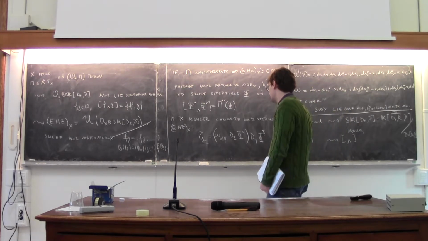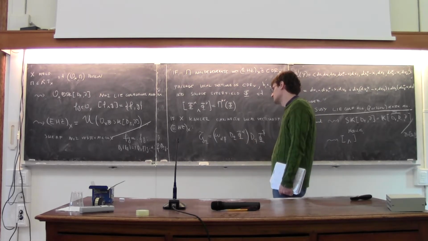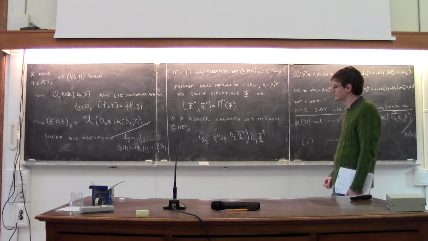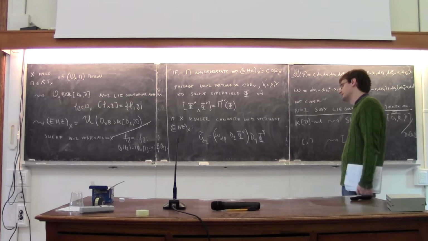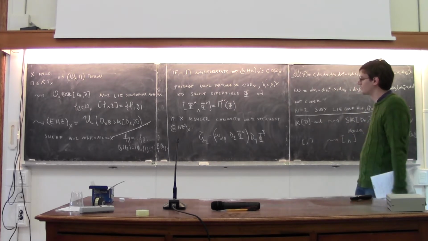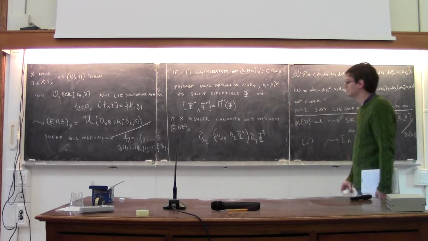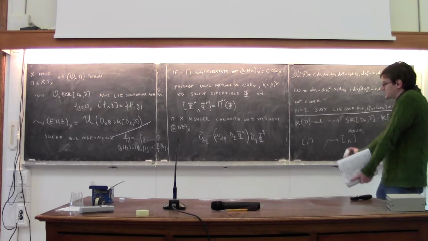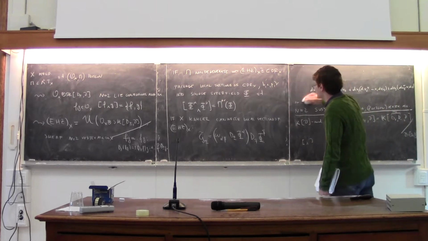Well, one can justify why one would look at this by rewriting the action in the Lagrangian formalism in a suitable way, referring to Maxim's paper for the details. But this is some local section that can be written using the variables that we introduced.